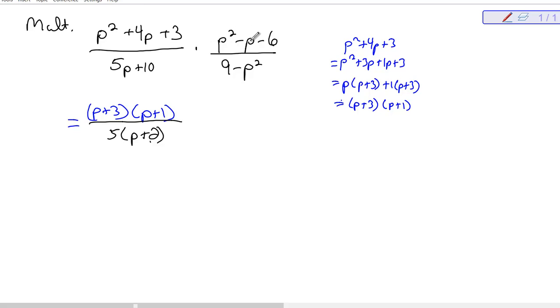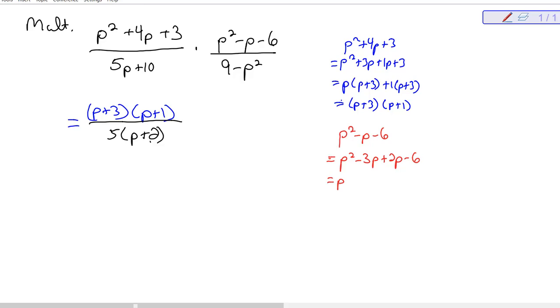I've got p squared minus p minus 6. I want numbers that multiply to give me a negative 6 and add to give me a negative 1. That's going to be a negative 3 and a positive 2.